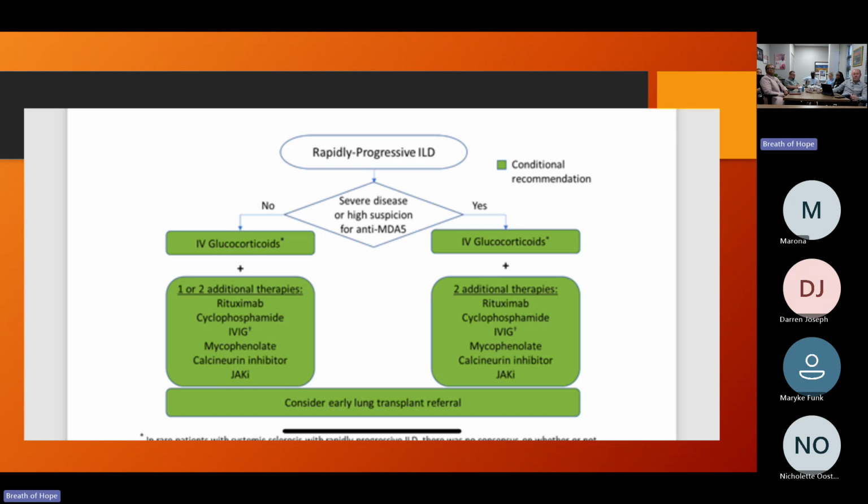And then the addition of the IVIG as well will also help. So do look out for this group of diseases. This is a very fatal complication, and the mortality rate here is higher than 50% at this stage. So do treat this extremely aggressively.